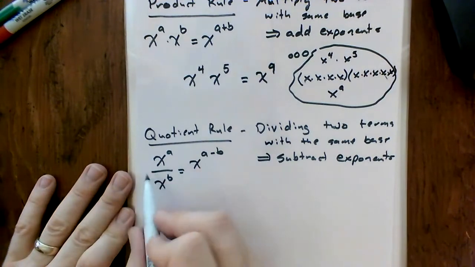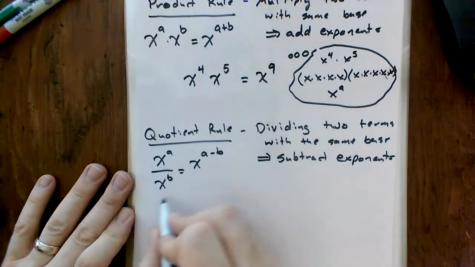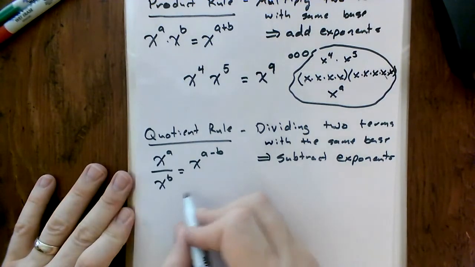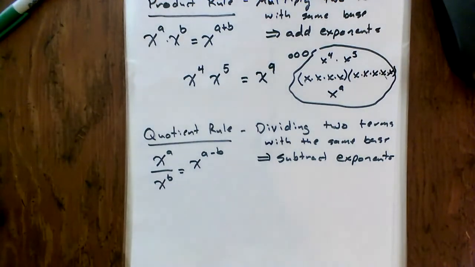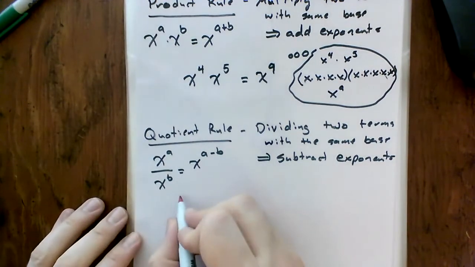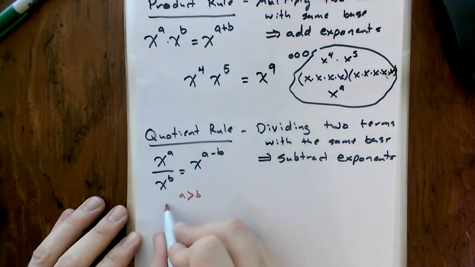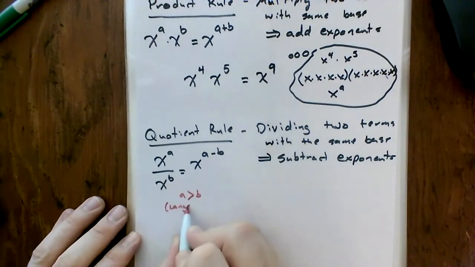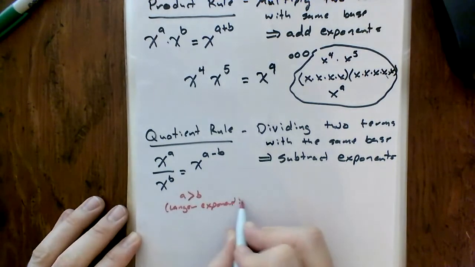This is the first version of this rule. For this, I'm going to note that this is really helpful when a is bigger than b, so you've got your larger exponent in the numerator.